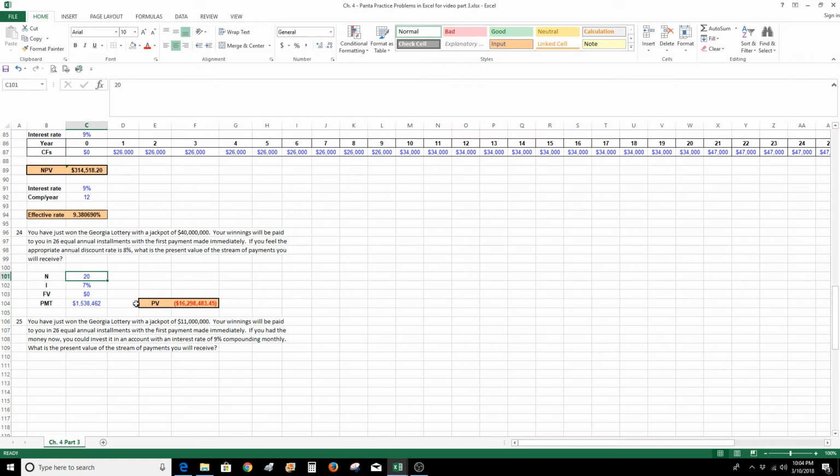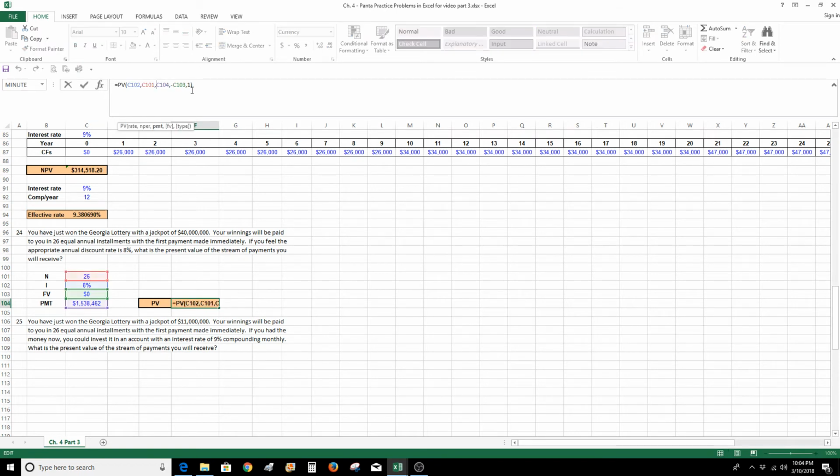The annual discount rate is 8%. And 26, and the thing here is it's an annuity due, so we need to put a 1 at the end.